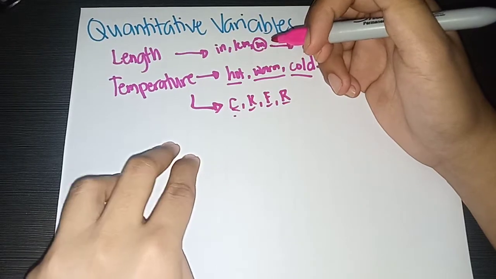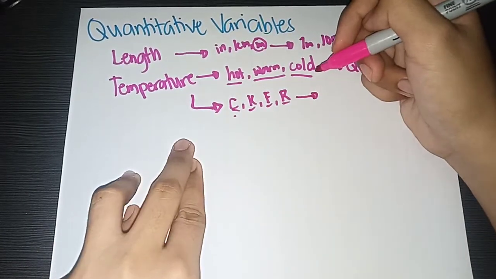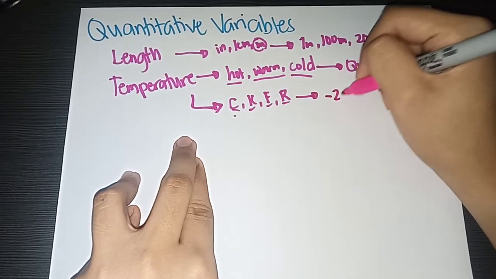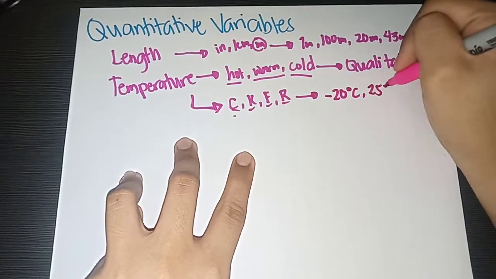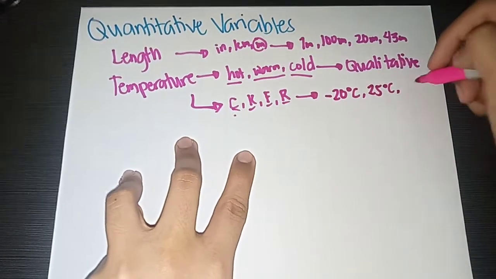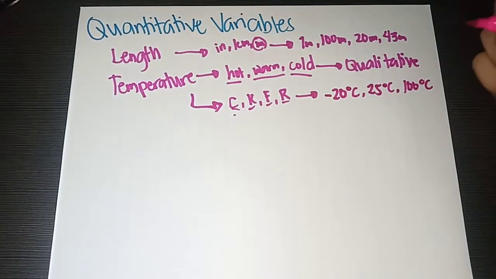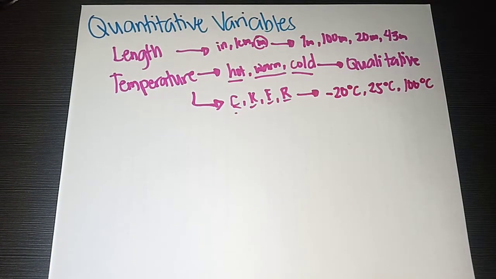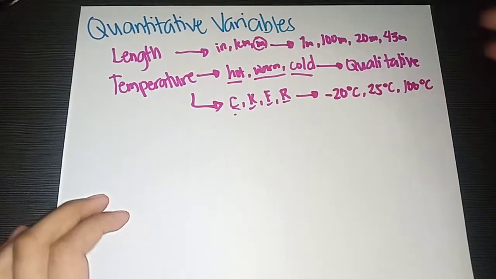Let's say, for instance, some possible values of temperature using the unit Celsius are negative 20 degrees Celsius, 25 degrees Celsius, 100 degrees Celsius, etc. From these ideas, how do we define quantitative variables?